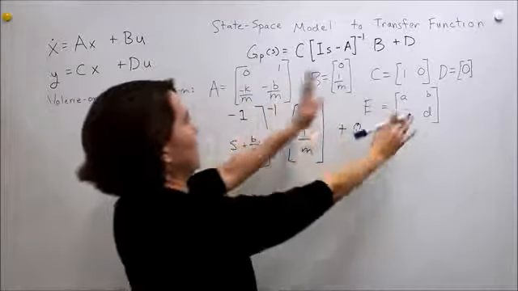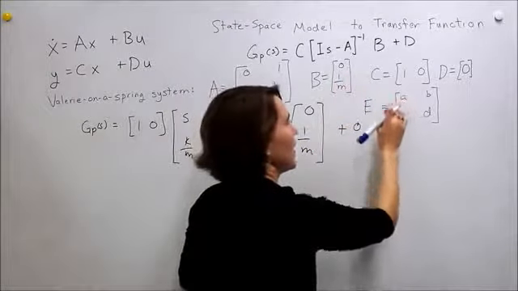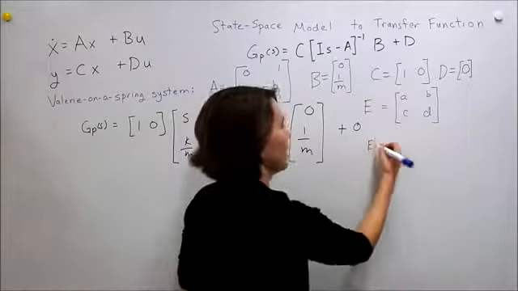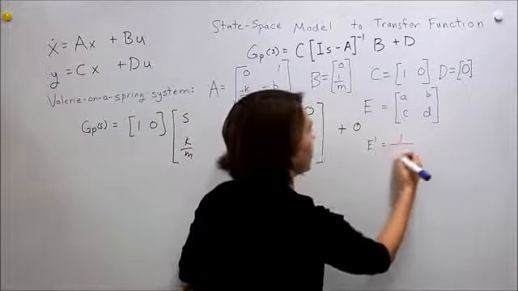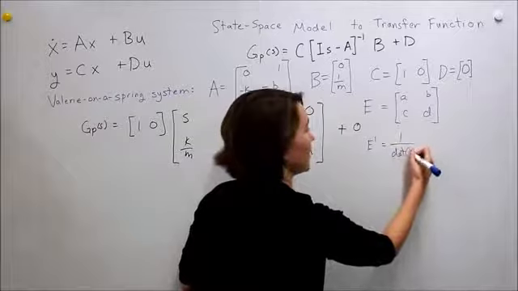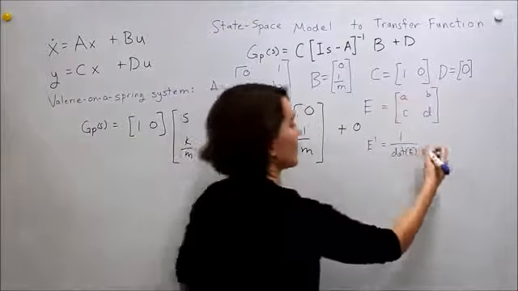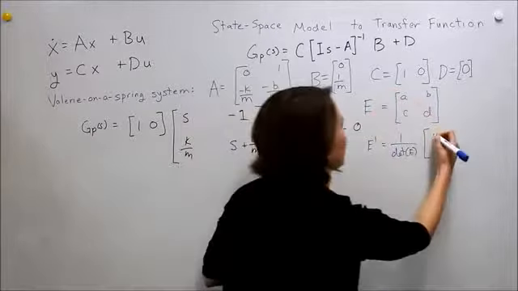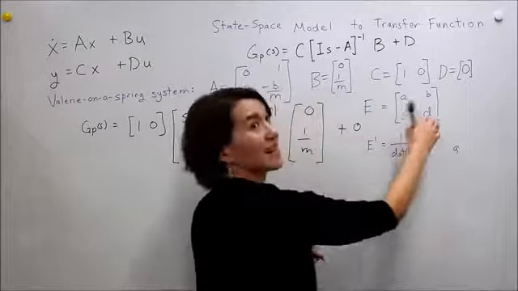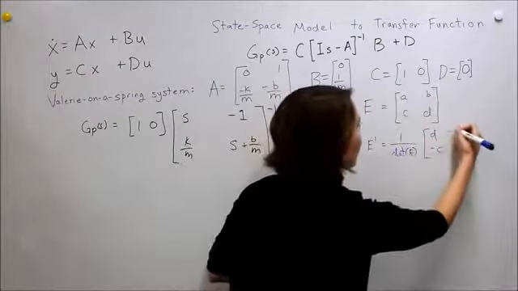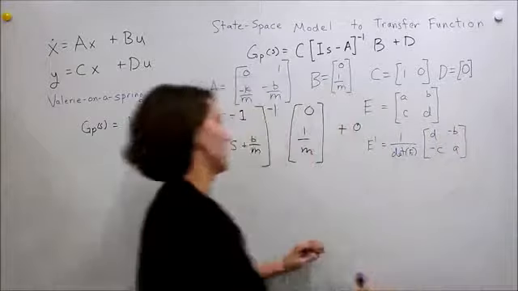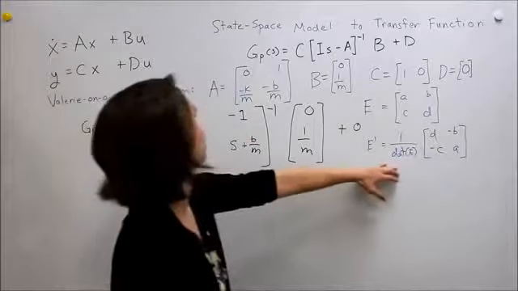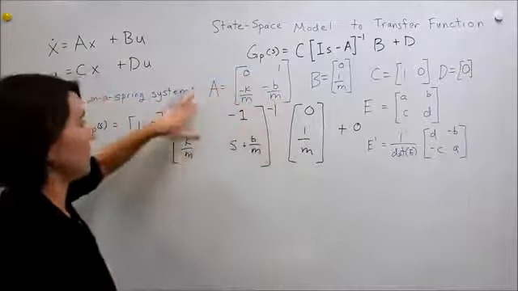If this is E, then the inverse of E is going to be 1 over the determinant of E, times, and you have to flip these two, so it's D and A here, and then take the negatives of these. So negative C, negative B. Okay, so not the most fun, but let's take the determinant of E, so the determinant of this matrix here.